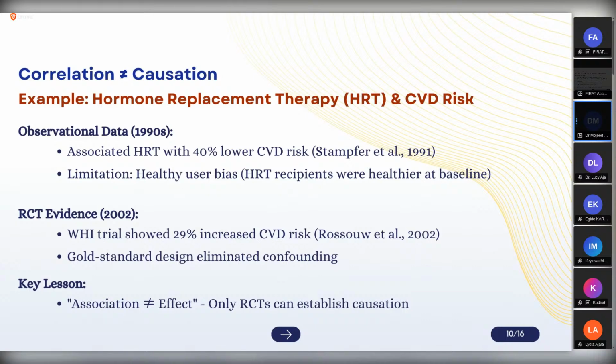So we know that RCT is the gold standard if you want to eliminate confounding. I mentioned earlier that the fact that we are randomizing in a randomized control trial helps us to eliminate confounding. So the lesson here is that association is not the same as effect. If you are looking for association, you are going to do observational studies, cross-sectional studies, they can find association.